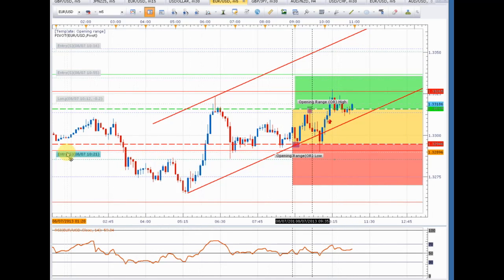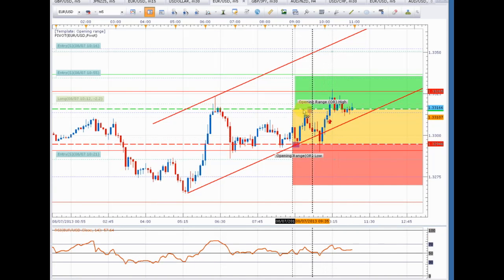See, I have a stop down here just below the wick and the range. I'll just drag that up to break even on that second lot and see if we can get the rest. So we get stops and targets.